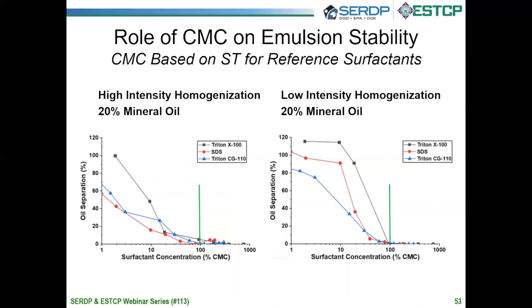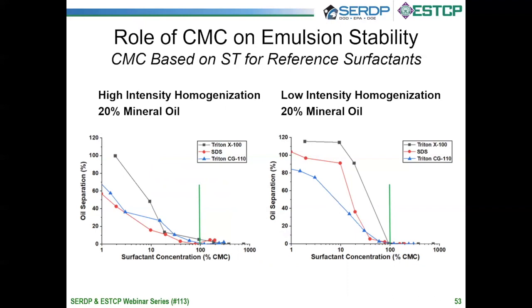We looked at high-intensity homogenization, which was 20,000 RPM, as well as low-intensity homogenization, which was just inverting samples, as well as varying the mineral oil content. So we had 20%, which is provided here, as well as 10%, which is provided on the next slide.